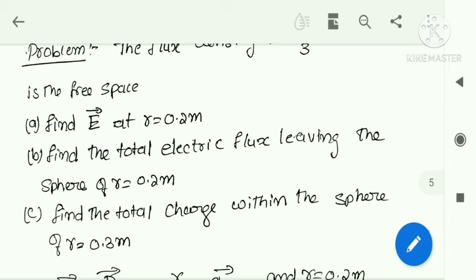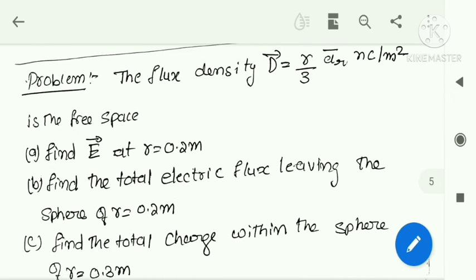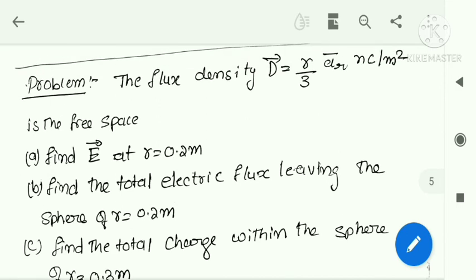First we can calculate E, because there is a formula between the electric field and the electric flux density. Using that formula we can calculate E by substituting r equal to 0.2. For the other two questions, to find the total electric flux leaving the sphere, we know that total electric flux is equal to the charge Q. Instead of asking Q, they are asking indirectly to calculate the total electric flux leaving the sphere.